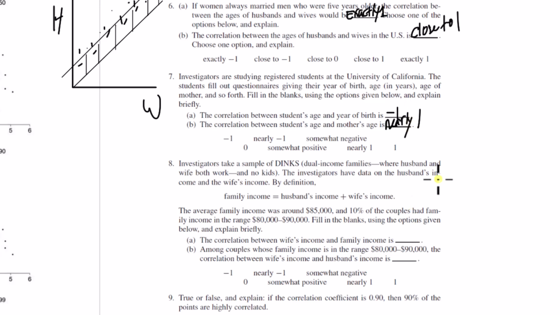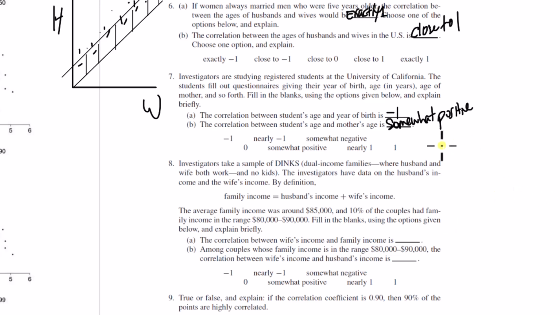I guess when you think, maybe it would be somewhat positive, because if you're off by 5 years, that's a good percentage of the total age of the student. The student is 18 years old, 19 years old. If you're off by 5 or 6 years, so I guess somewhat positive. That total 20 to 35 year gap is a 15-year gap. That's almost the full age of the student, right?